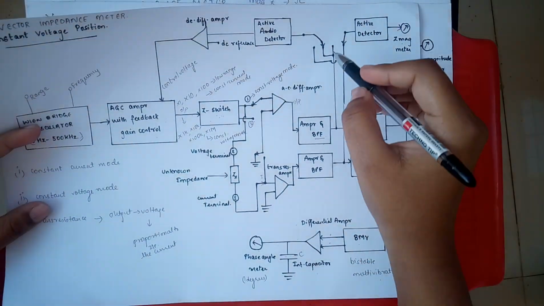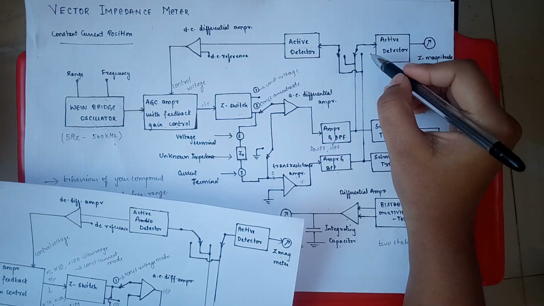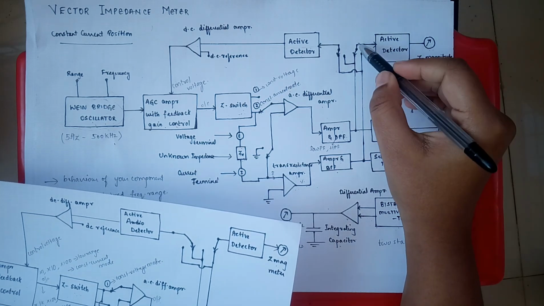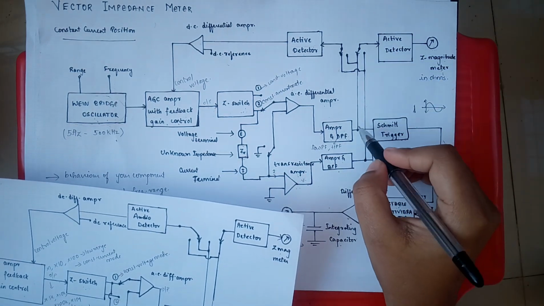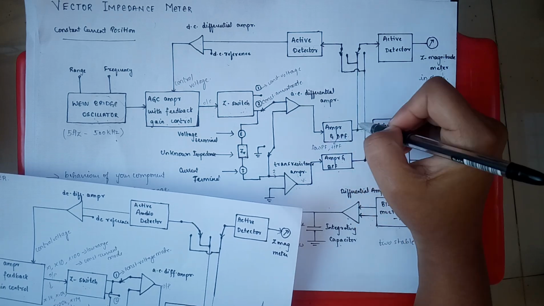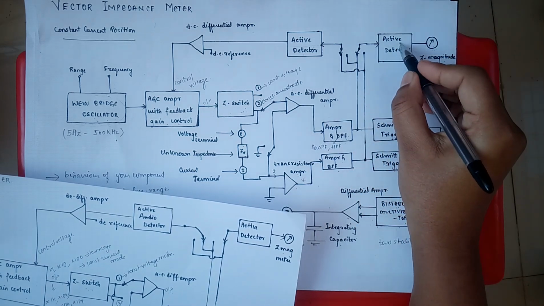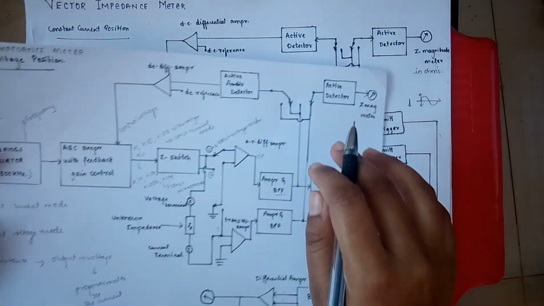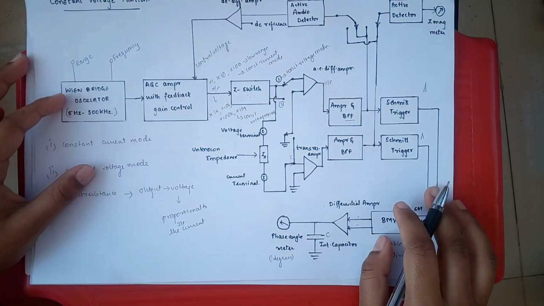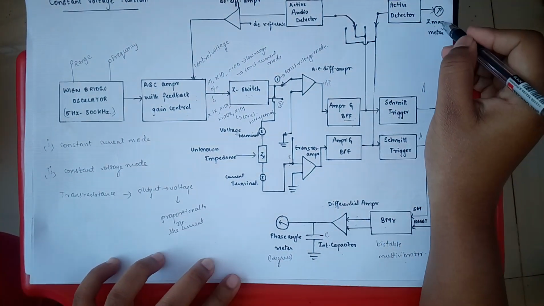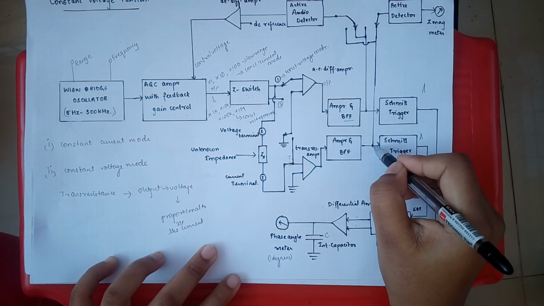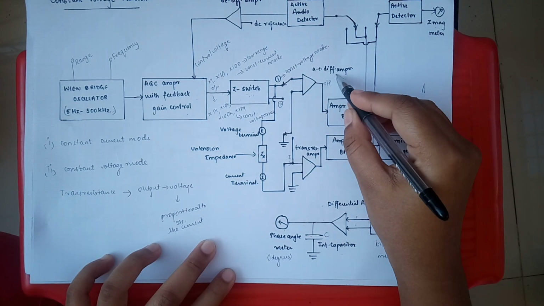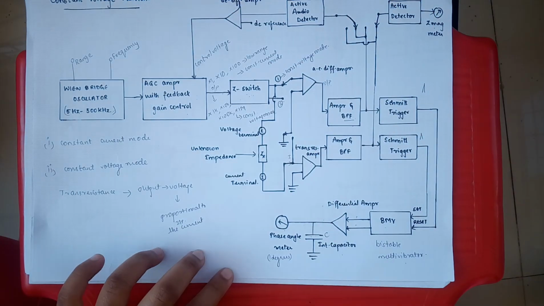Also, in the constant current position, you had the Z magnitude meter connected to the AC differential amplifier, if you observe this, and the trans resistance was connected to the feedback loop. But here in the constant voltage mode, it is the reverse. The Z magnitude meter is now connected to the trans resistance amplifier, and the AC differential amplifier is connected to the feedback.